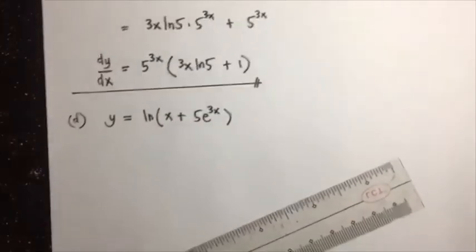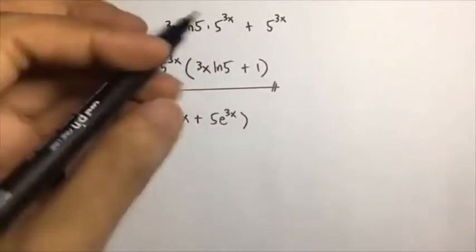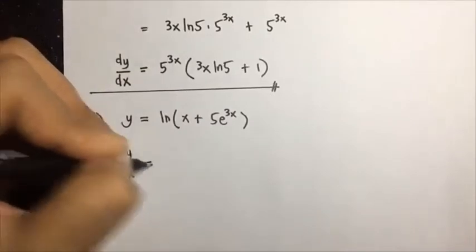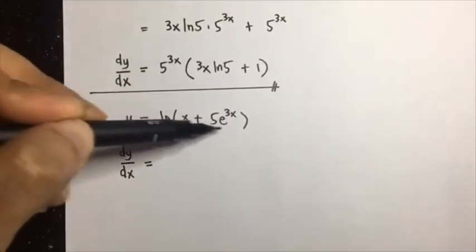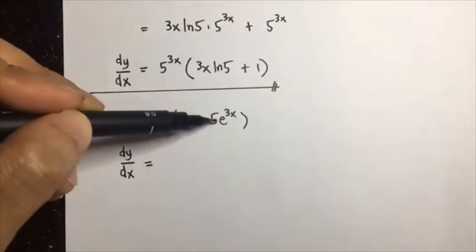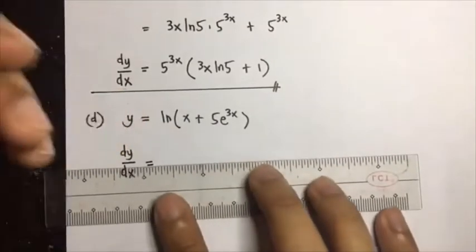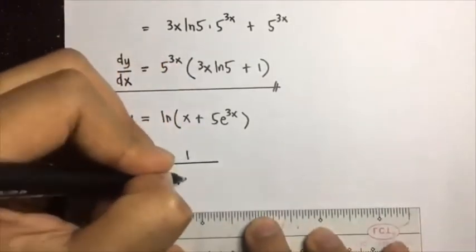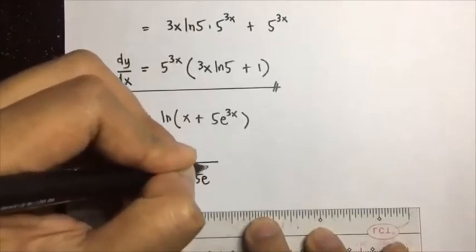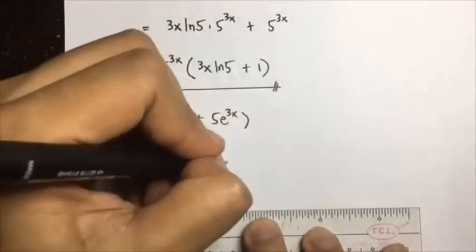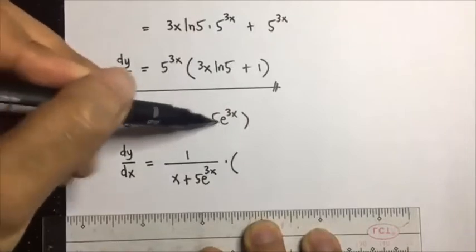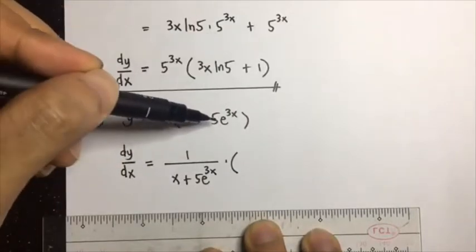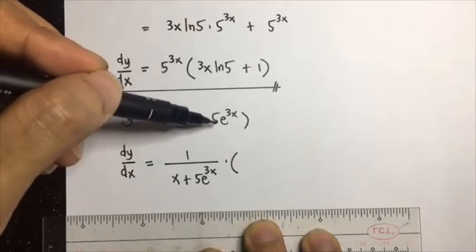Following the formula for natural logarithm, dy over dx is equal to 1 over u. Our u from the formula is x plus 5e raised to 3x. So it will become 1 over (x plus 5e raised to 3x) multiplied by the derivative of u with respect to x. So just derive x plus 5e raised to 3x.